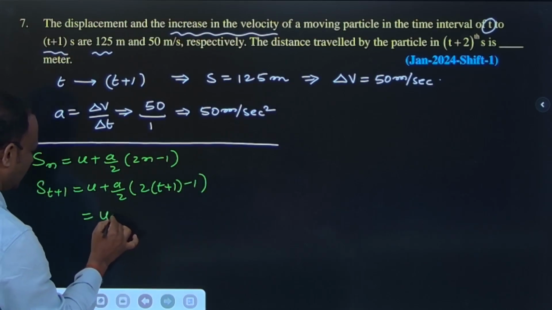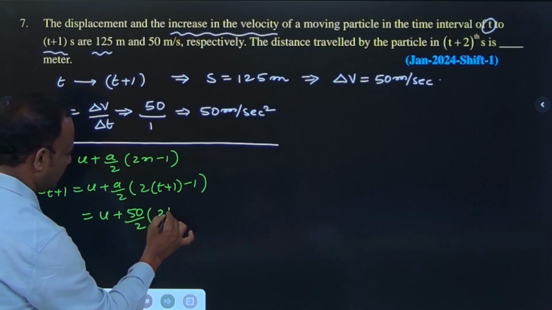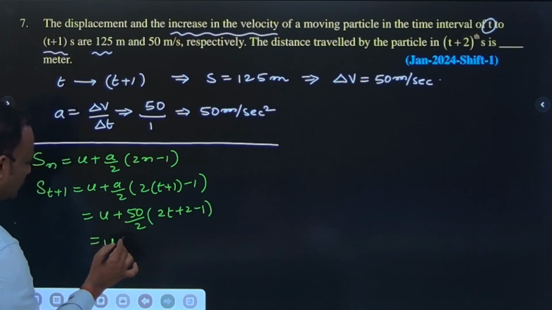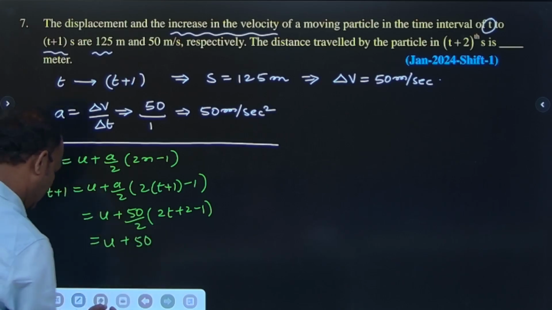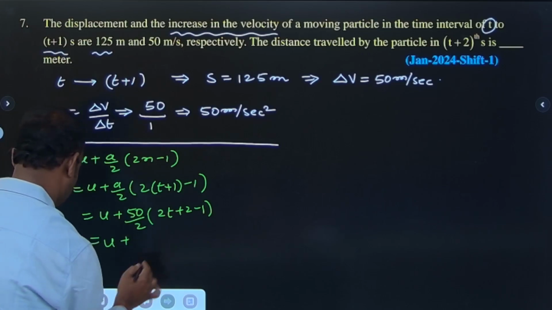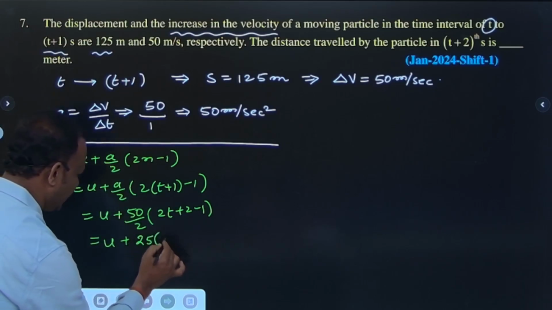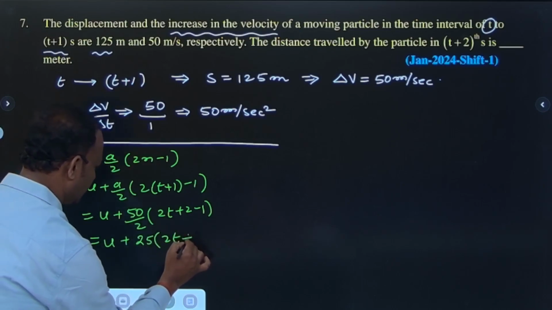It's u plus a by 2, that is 50 by 2, into 2t plus 2 minus 1. So this is u plus 50 by 2, which is 25, into 2t plus 1.